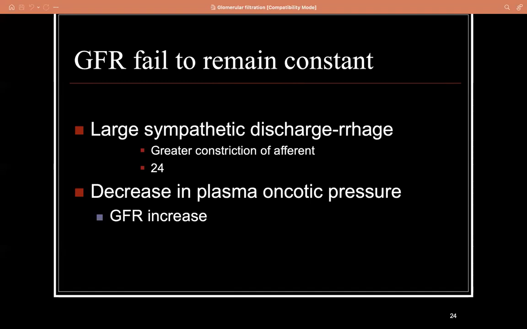Now, there are other things that affect GFR and make GFR fail to remain constant. So if you have a large sympathetic discharge, you know what sympathetic discharge is? The large sympathetic discharge is usually adrenaline, and it has the effect of vasoconstriction, severe vasoconstriction on the afferents.